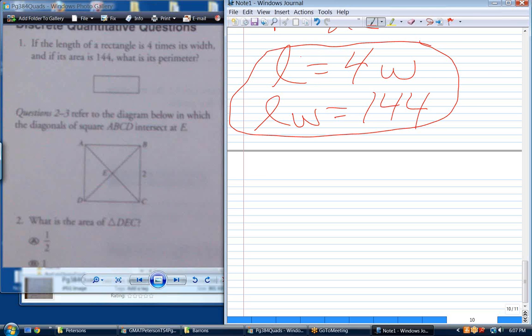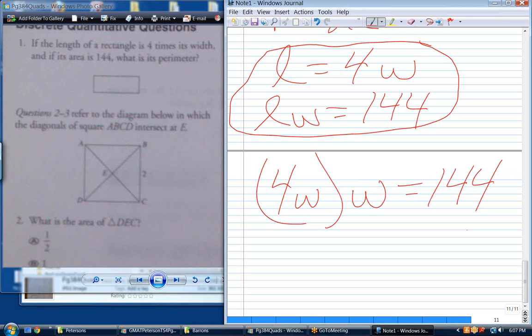So let's substitute 4W instead of L into the second equation. The second equation becomes 4W times W equals 144. Let's solve that. What's 4W times W? 4W squared.